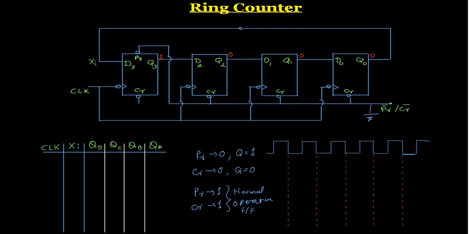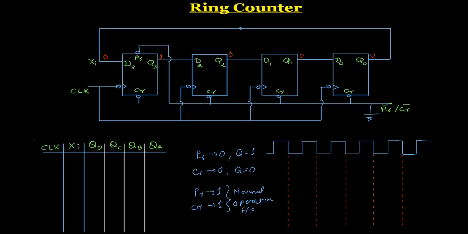Now you can see that whatever the output is there at the final flip-flop is going to appear here, means initially at this input we have a 0. Remember this preset clear input is the asynchronous input.